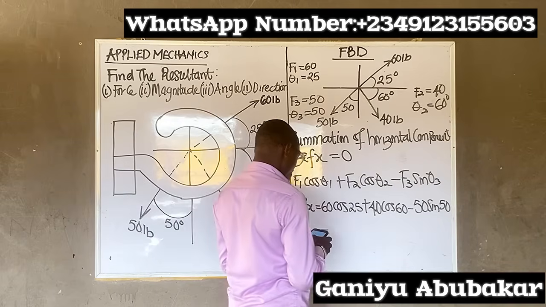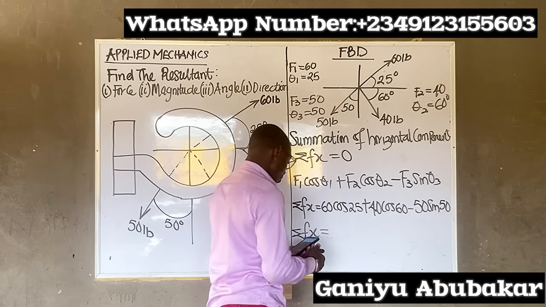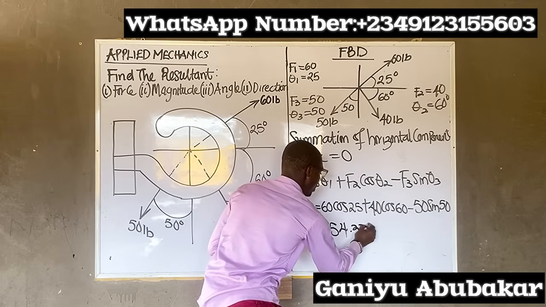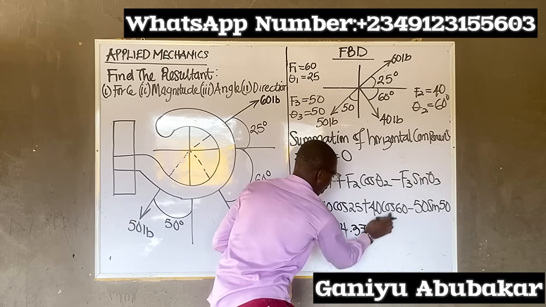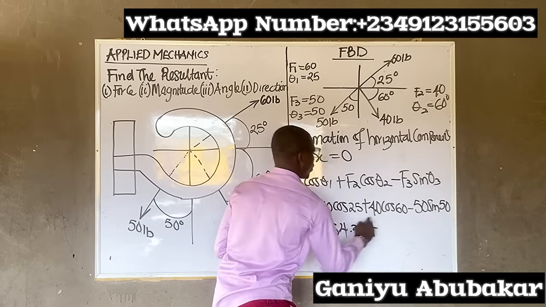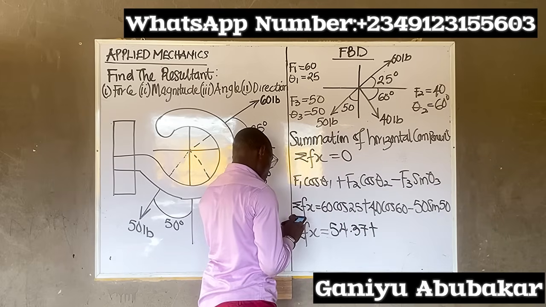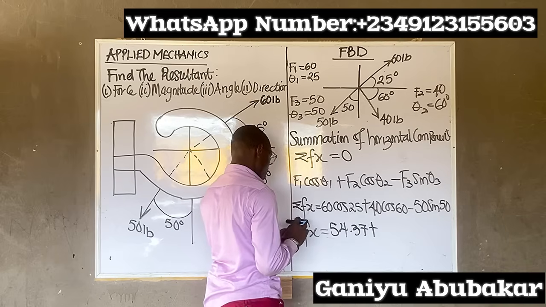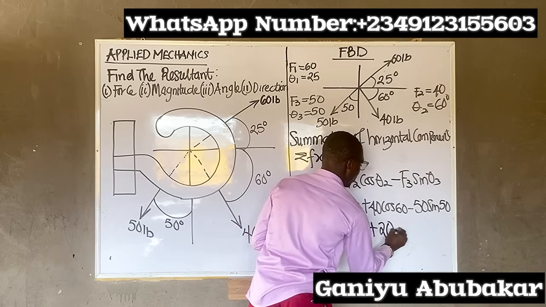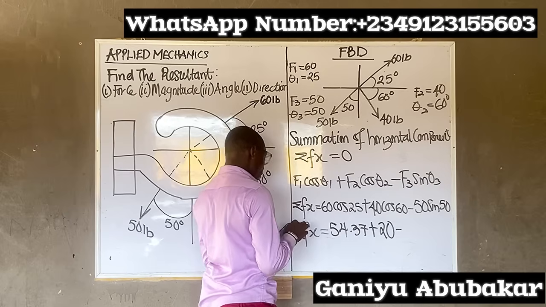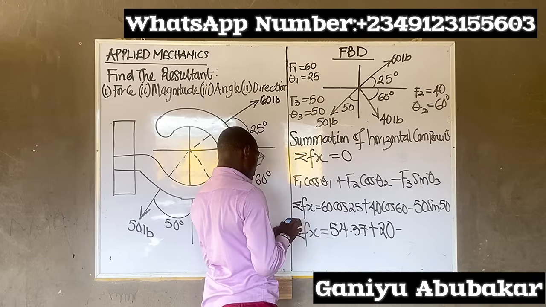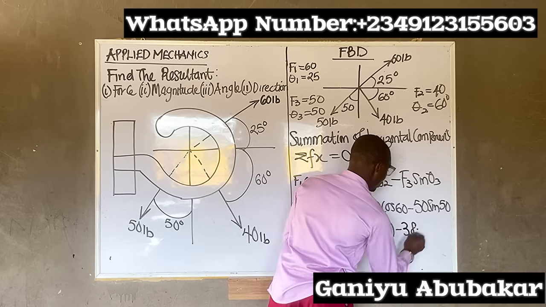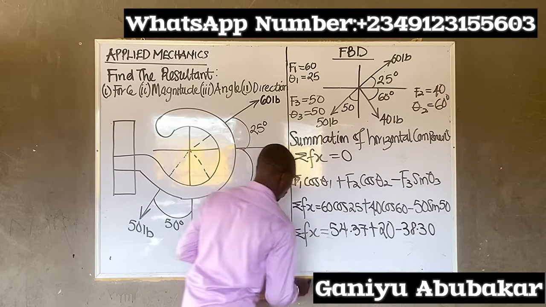60 cos 25, that gives you 54.37. Plus 40 cos 60, that gives 20, minus 50 sine 50, that gives 38.30.